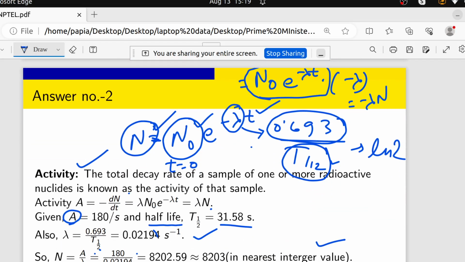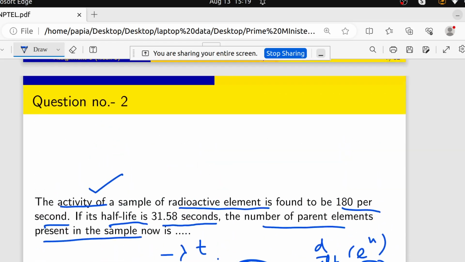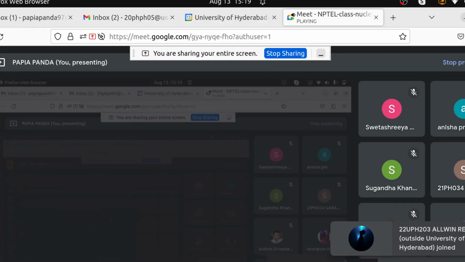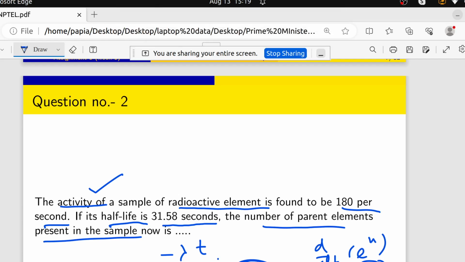So if I calculate all the values, A is lambda into N. Now coming to the value of N: N is the number of parent elements present right now in the sample. The question is asking for the number of parent elements present in the sample now, meaning at t equals t, not t equals 0.